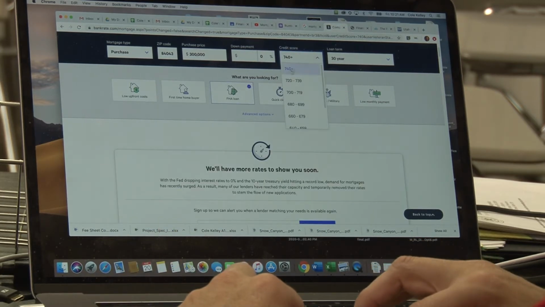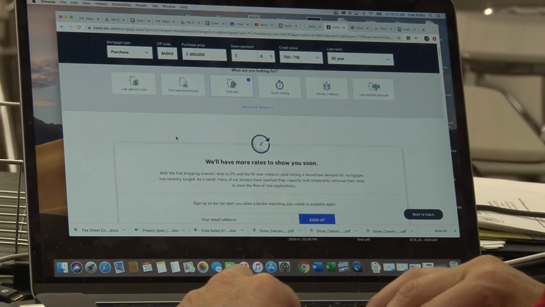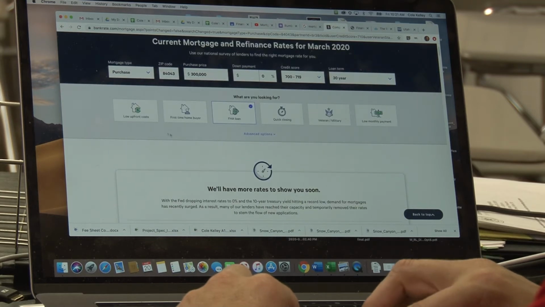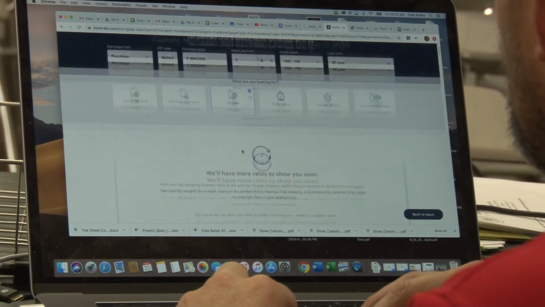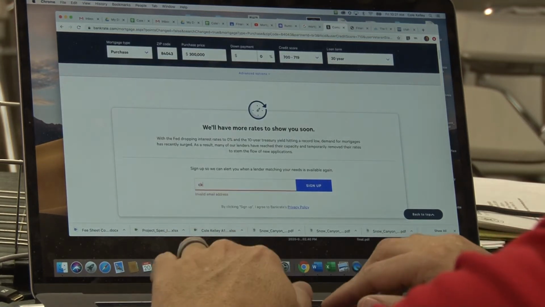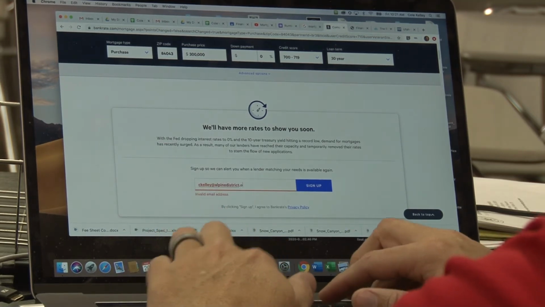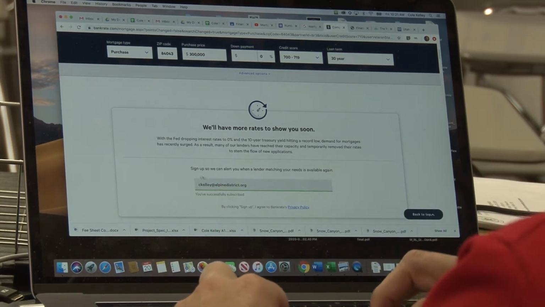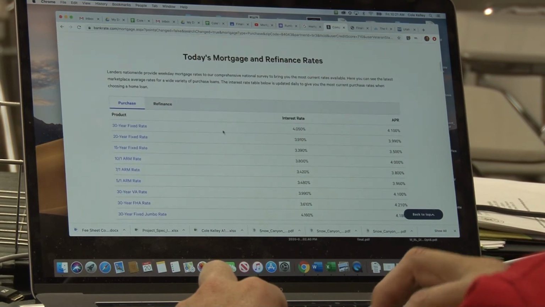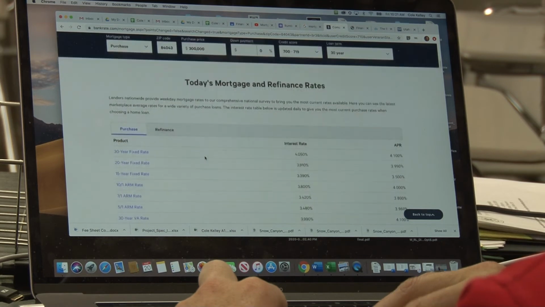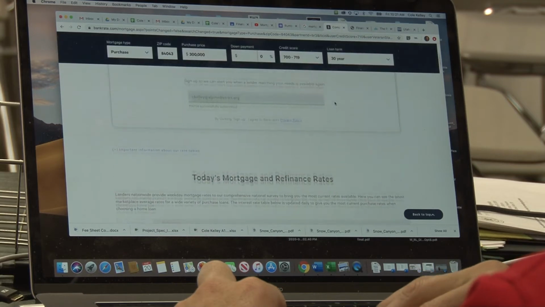Credit score we'll say is 700 to 719, and we're going to do a 30-year. Right now they're saying that the interest rate on a 30-year fixed is about 4.1% APR.